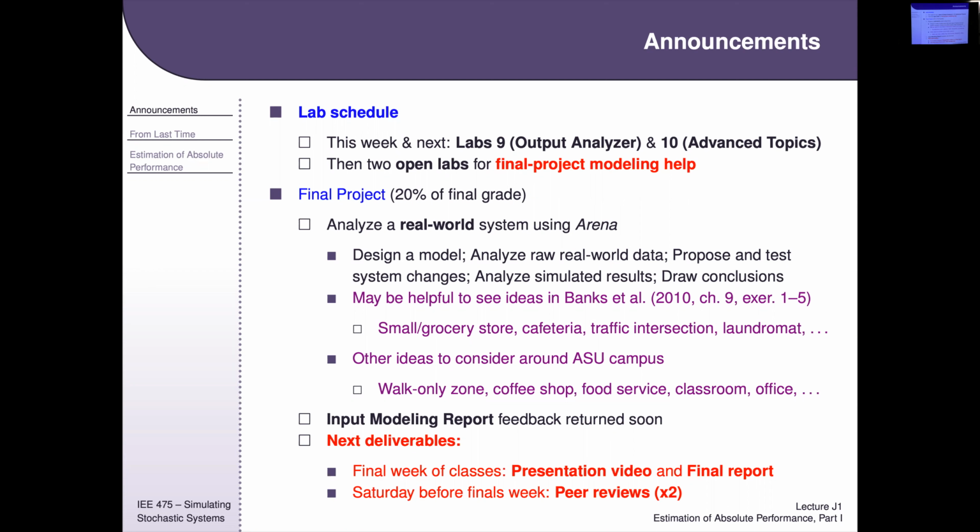And I do that because I want to give people at least the opportunity to get exposure to some other really cool Arena constructs, again, like signals and holds, batching, things like that, that we'll talk about in Lab 10, which will be useful for some of you in some of your models. So Lab 10 is also an opportunity to catch up on any lab points that you'd like to make up.